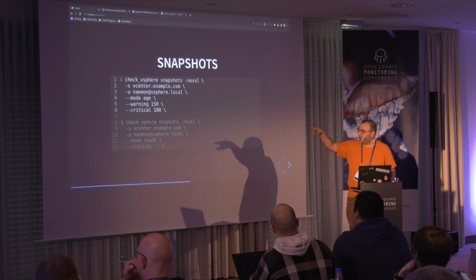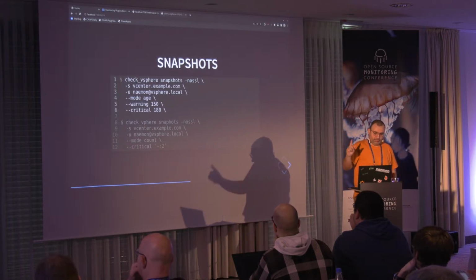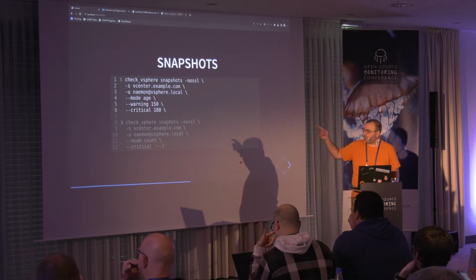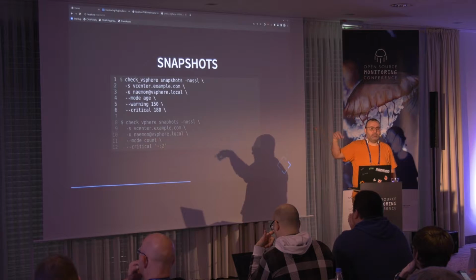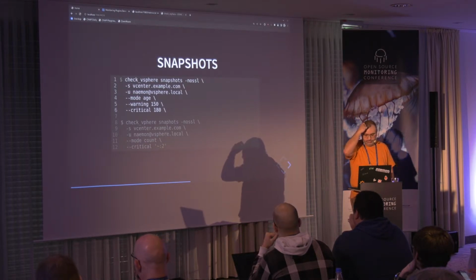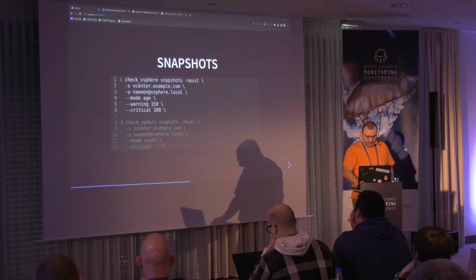So -s and -u and so on come from this library, because there's also a help text available for them. And I just add the stuff I need. You don't see a password here. The password is passed via the environment, but there's also a command line option if you want.